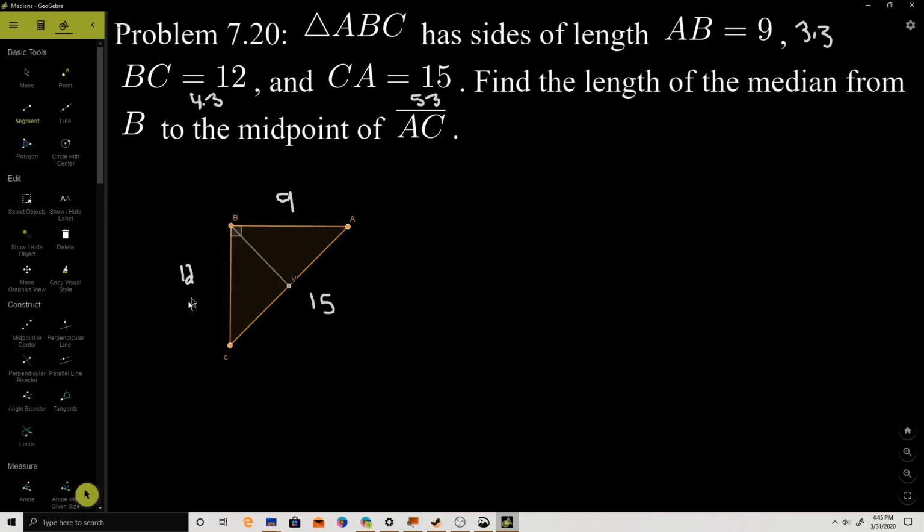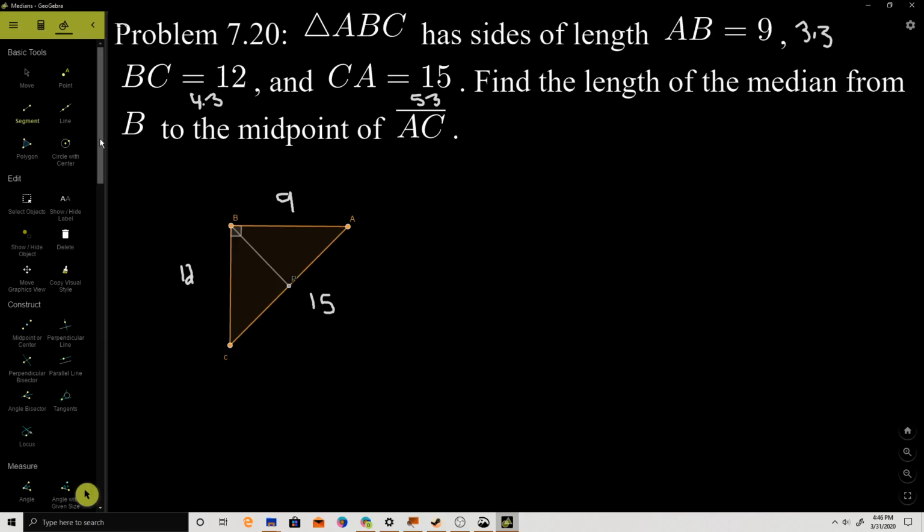Okay, now I mean, we could use maybe some Pythagorean theorem trickery or something, but this kind of looks similar to something we've done before.